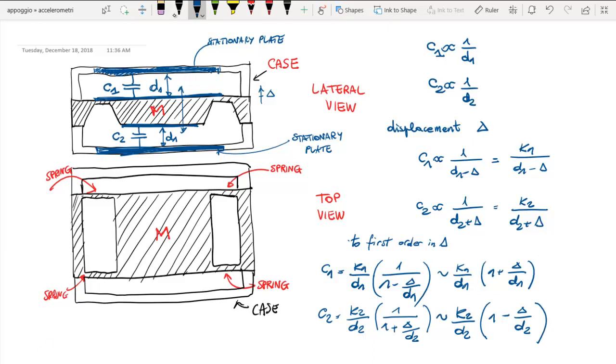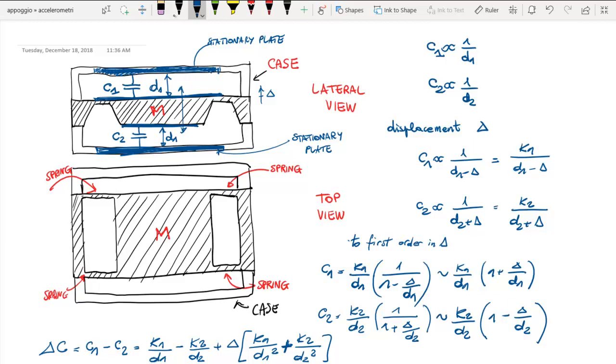Now, the difference between the two capacitances, let's call it delta C, is equal to C1 minus C2 by definition, and of course is equal to K1 over D1 minus K2 over D2, plus delta, which multiplies K1 over D1 squared plus K2 over D2 squared.